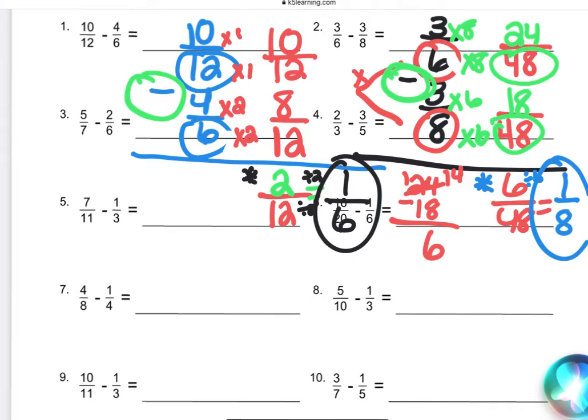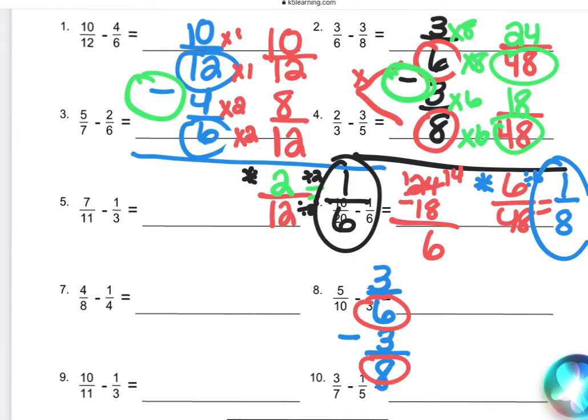Now, I told you that multiplying your denominators will work every time to get a common denominator, but sometimes when you get that denominator, it might not be the least common denominator. So let's try this one again to see if we can come up with a smaller denominator. When I get my common denominator of 8 and 6, I think to myself, I know they will both go into 48, but is there a number smaller than 48?